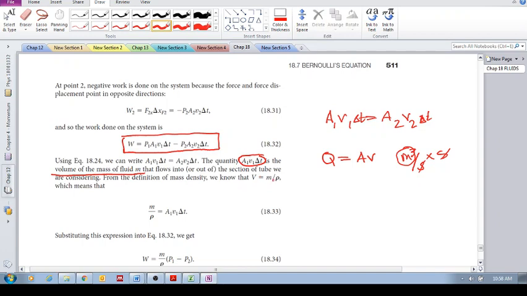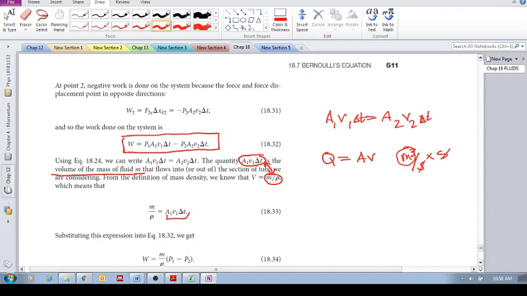So keep that A v delta t. But we also know that volume is mass over density. So if we say this equals that, we have mass over density is A v delta t.